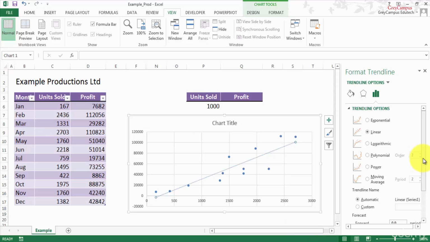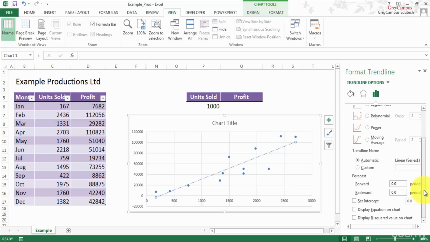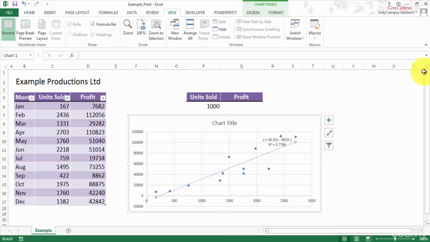So on the right hand side, the trendline options have come, and I have options which say Display R-squared, and I also take Display Equation on chart and close this. Now Excel gives me two things, the trend line and also the equation.